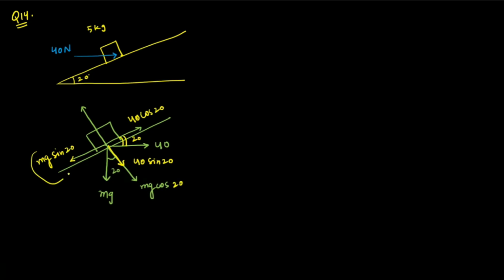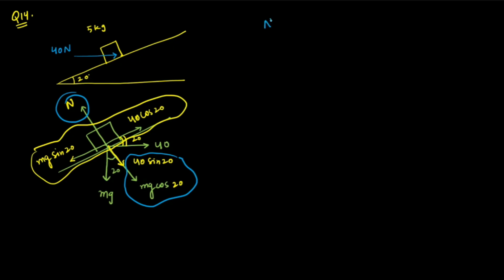Now, in the horizontal direction, these are the balanced forces, whereas in the vertical direction, normal is going to be equal to the sum of 40 sine 20 plus mg cos 20. So normal must be equal to 40 sine 20 plus mg cos 20. As the whole system needs to be addressed, we can apply these things. So just put the values and let me know the answer.